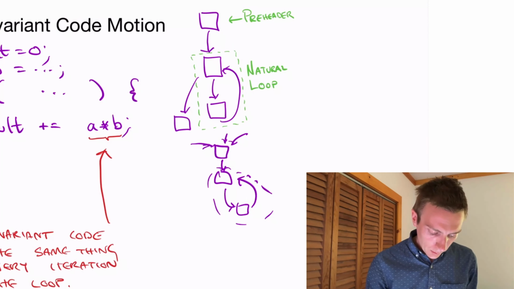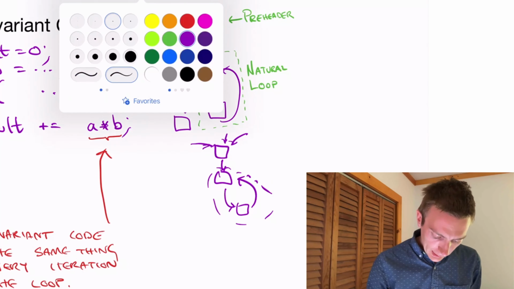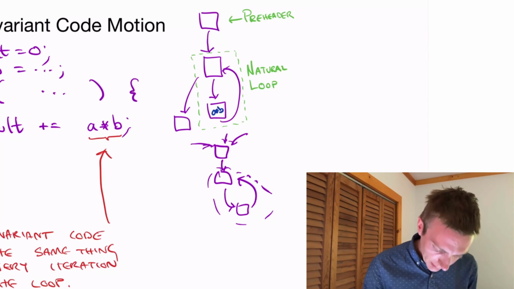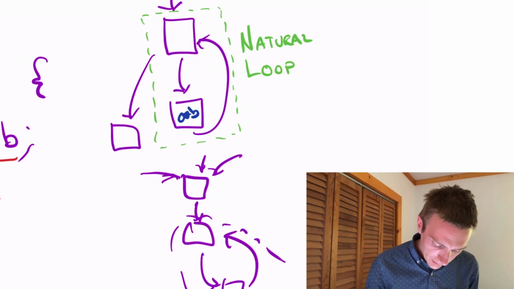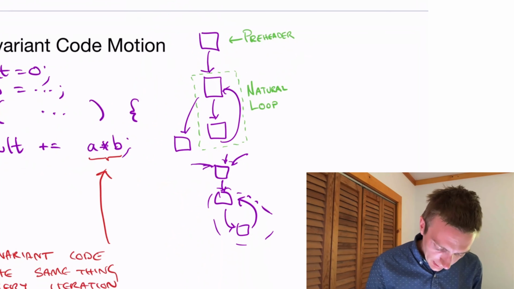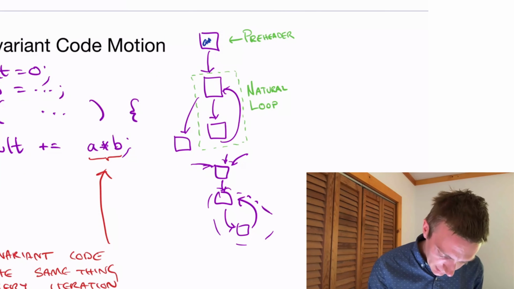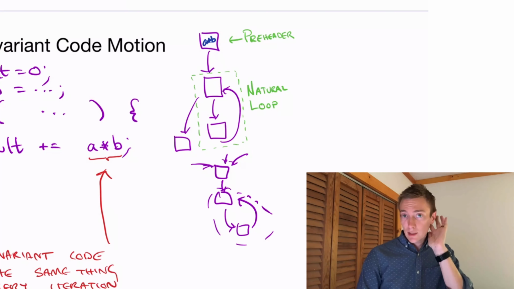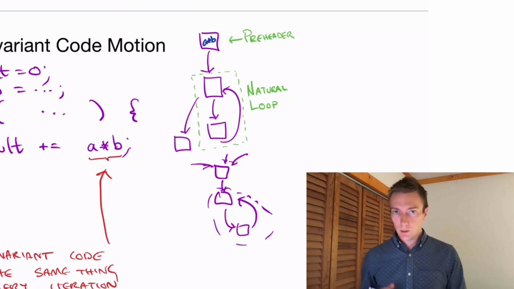That is, if we were to find A times B somewhere in this loop, and we were to classify it as loop invariant code, then we could remove it from there and move that code to this place, a place where it can be safely computed ahead of time and then reused multiple times inside the loop.